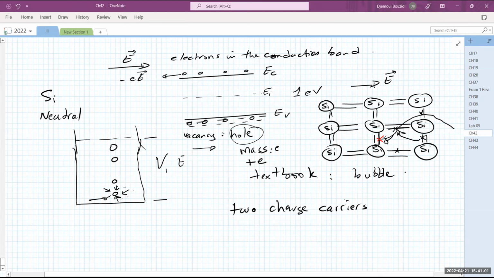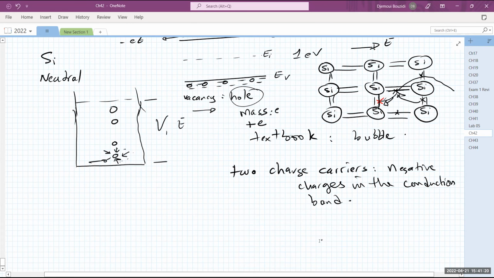Two charge carriers, namely negative charges in the conduction band, these are electrons, and positive charges in the valence band.